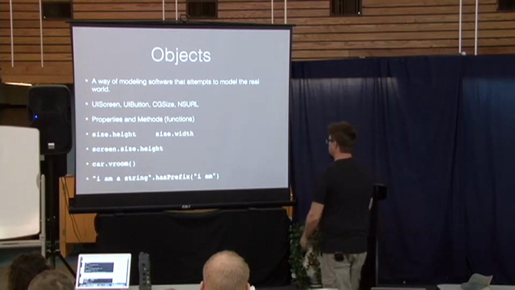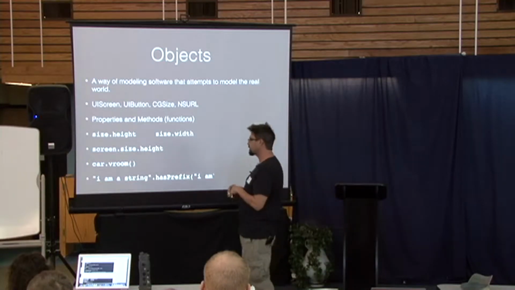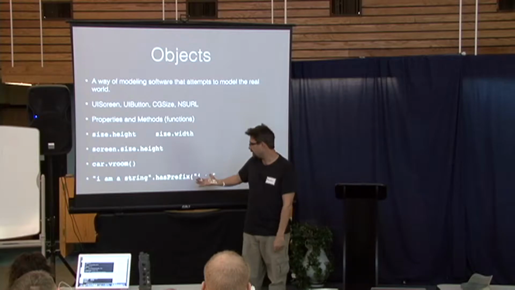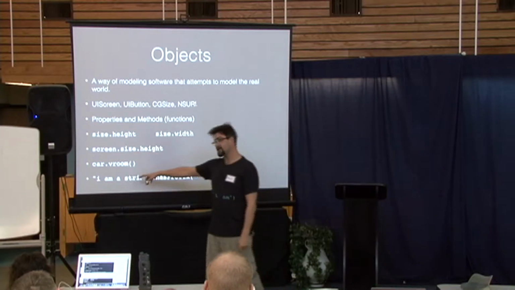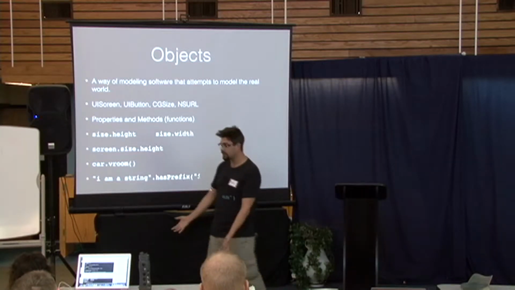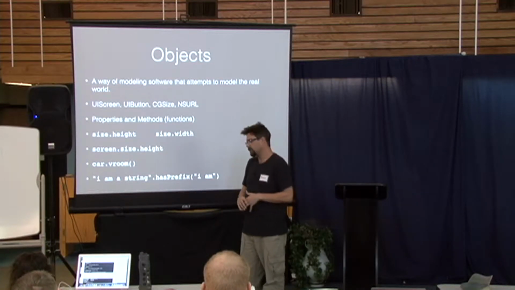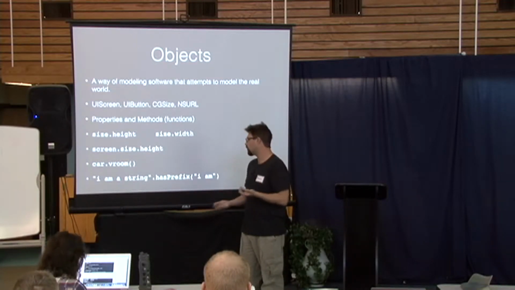Or, in an example closer to what you'll get into next, and this is kind of clever: hasPrefix is a method, and "I am a string" is a string literal, but Swift lets you call methods directly on string literals, which is weird but also really cool. Ruby does the same thing.